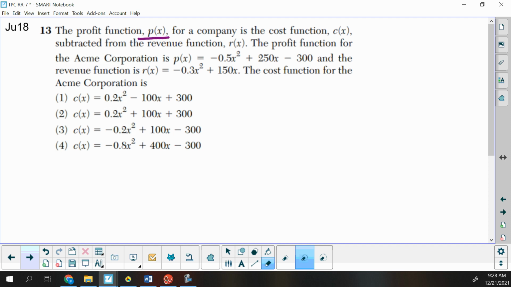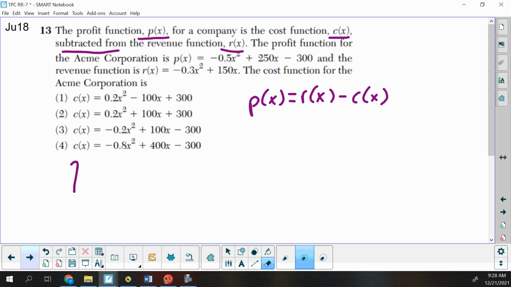So they tell us the profit function is the cost function subtracted from the revenue function. So P of X is equal to cost subtracted from revenue. So that would mean revenue comes first minus the cost function.